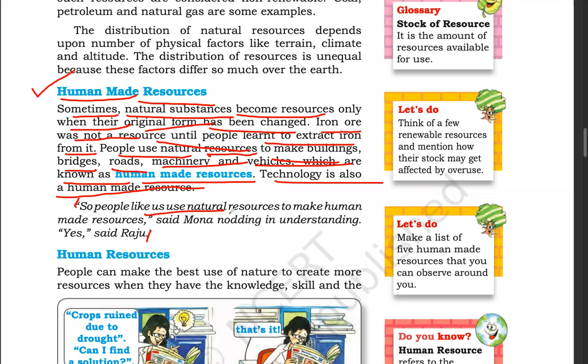So people like us use natural resources to make human made resources, said Mona, nodding in understanding. Yes, said Raju. So, human made resources are those resources which are created by humans by using what? Natural resources. Correct?